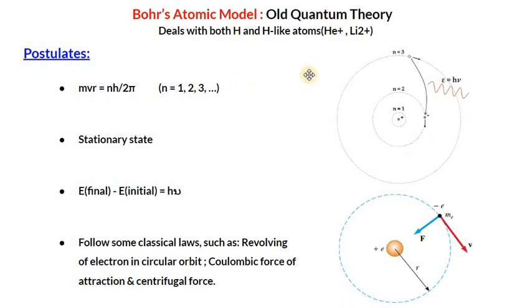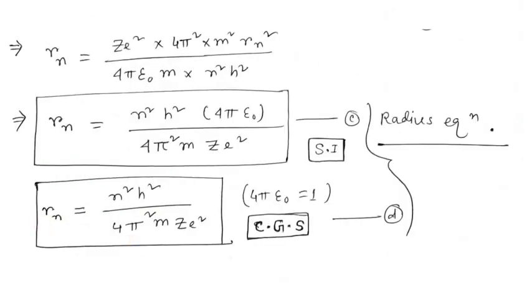Electrons can be in the n equals 3 orbit, or in the n equals 2 orbit, but they cannot be present in between the two states. So particular energy levels are there, and electrons can only be present in those energy levels. That's why those states are quantized. That is quantization.